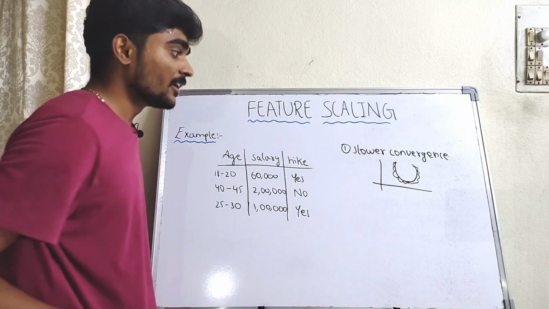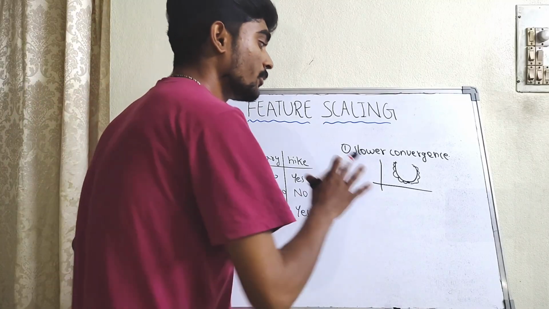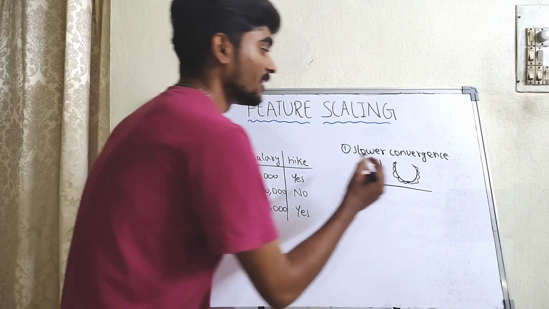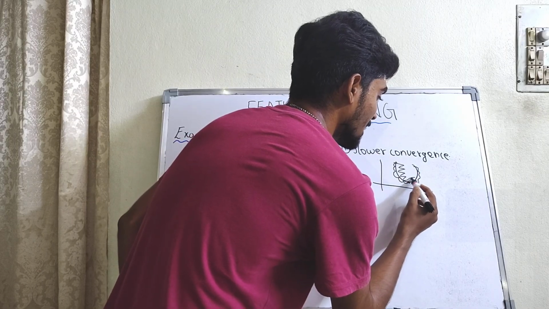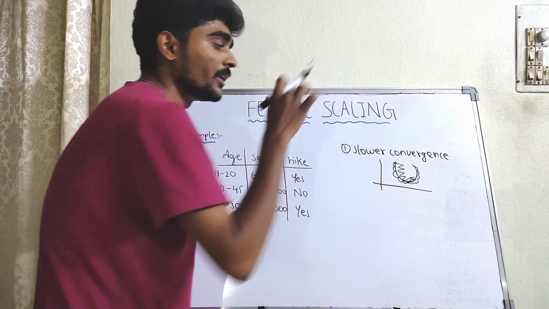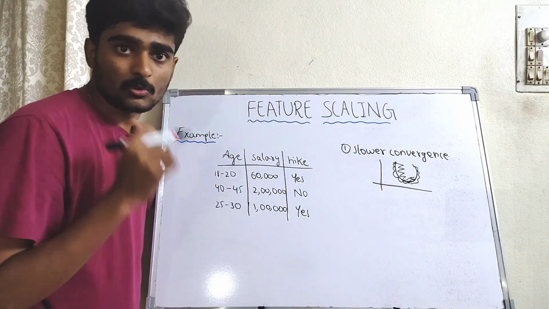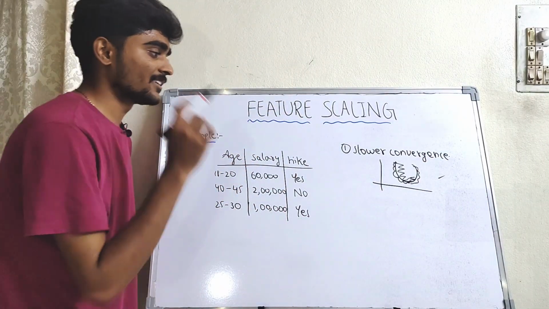This is the case of a normal data set. When you feed an imbalanced data set, the gradient descent will move in a zigzag manner. Due to this zigzag movement, the convergence will be very slow. This is the first problem that we face due to imbalanced data sets.